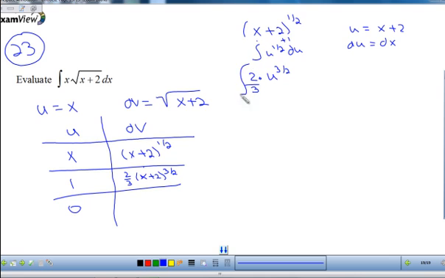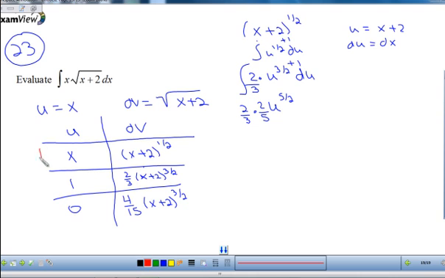Okay, so now you're going to take the antiderivative of this. Same thing, you're going to add 1. So now you're going to have 5/2, divide by 5/2 or multiply by the reciprocal. So I'm going to have 4/15 times x plus 2 to the 5/2.